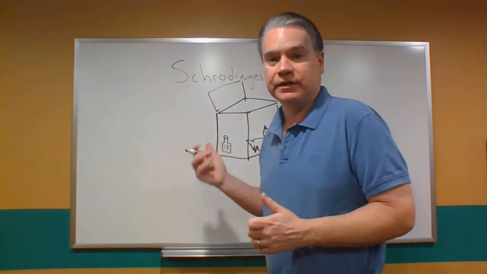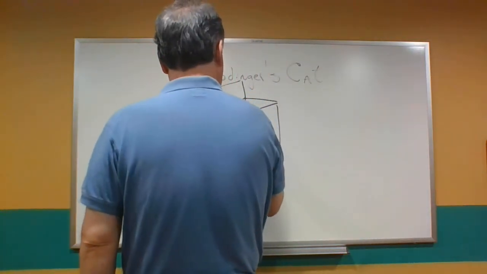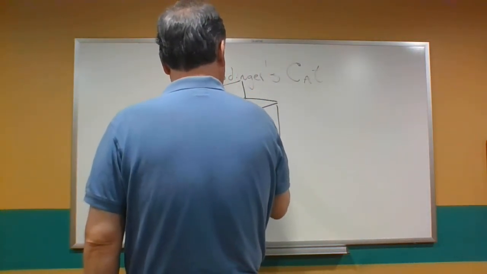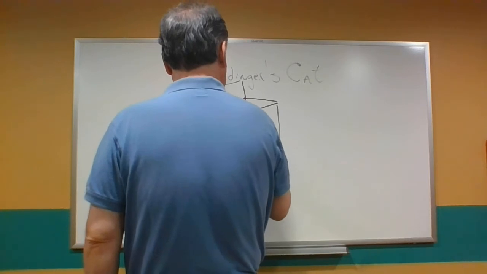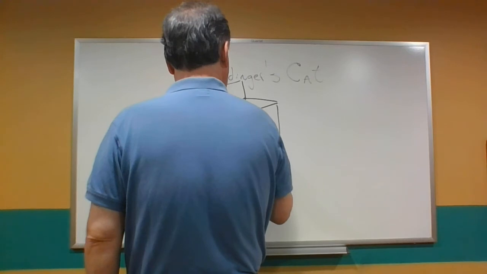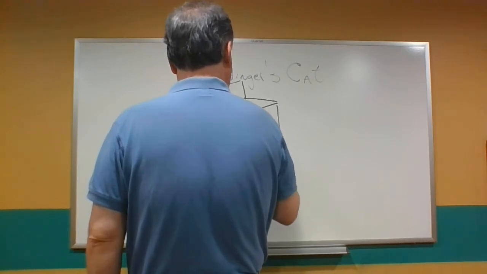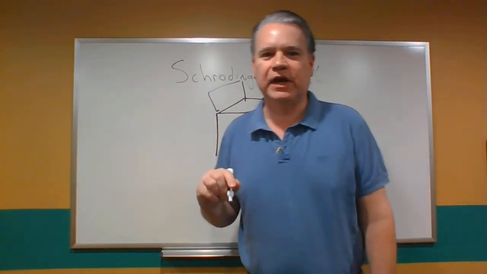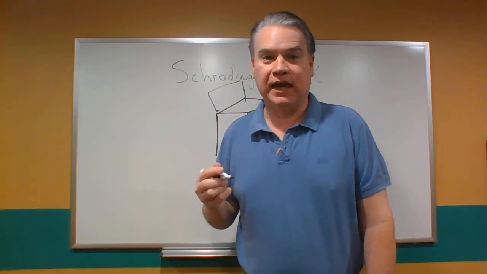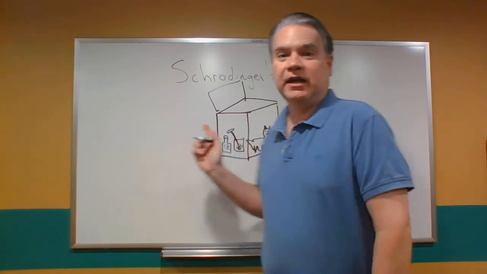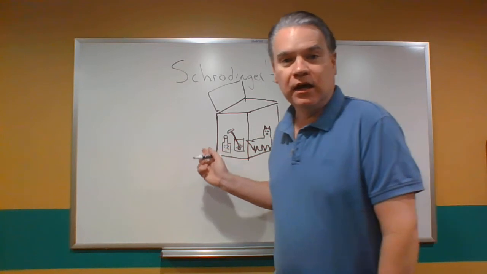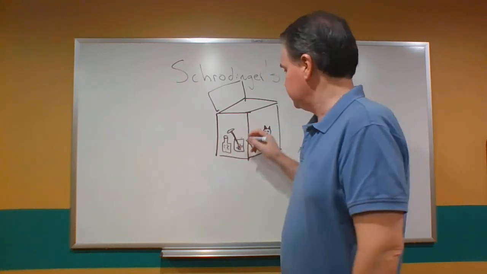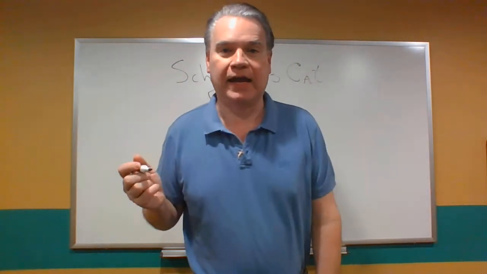So you create this mechanism. So if this particular radioactive atom decays, the Geiger counter registers the decay, the hammer comes down, breaks the vial of gas, the gas is released, and it kills the cat.